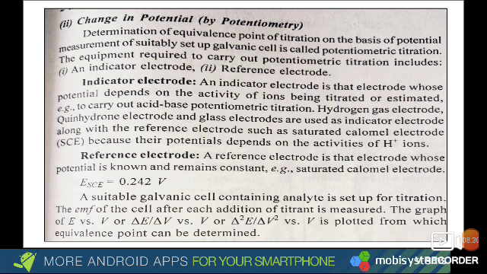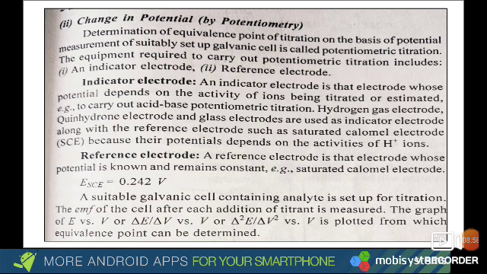So whenever you want to perform a titration, you have to keep a suitable galvanic cell which contains your indicator and reference electrode and they are set up for the titration. The EMF of the cell after each titration is measured. Okay, so whenever you carry out the titration, what happens actually? There will be change in EMF of the cell and that is measured.